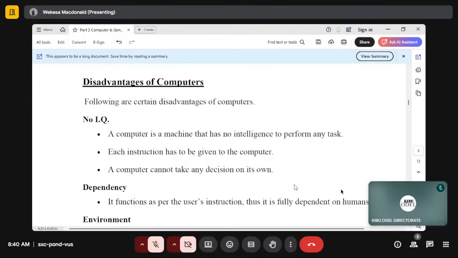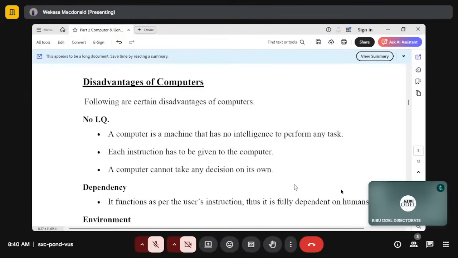So even a robot needs to be instructed what to do. They don't have IQ, they don't have intelligence. So you need to instruct a computer for a specific function. A computer cannot take any decision on its own unless you train it.